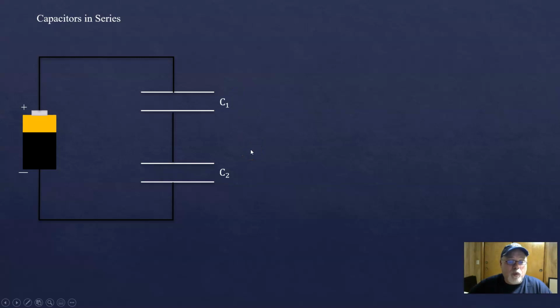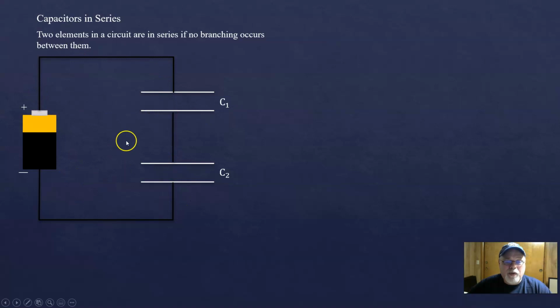And the way I think of what defines a series connection, okay, is that two elements in a circuit are in series if no branching occurs between them, okay? Now, what do I mean by branching? Well, this is a fairly simple circuit, right? If it was more complex, it might be the case that as you come down here from capacitor 1 to capacitor 2, there's actually another wire running off this direction, another path, and this is connected out here to some other part of the circuit.